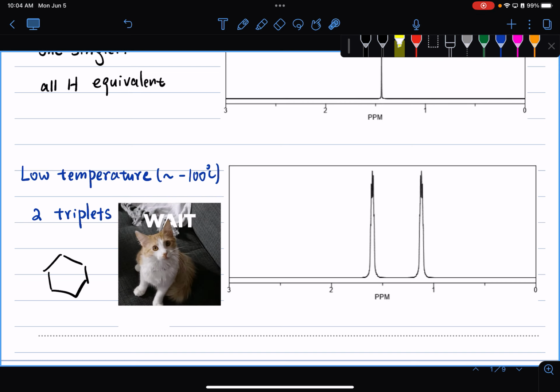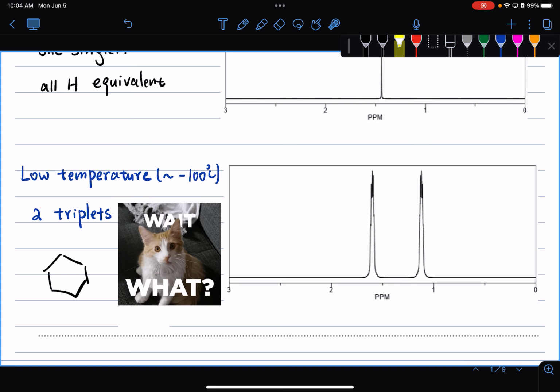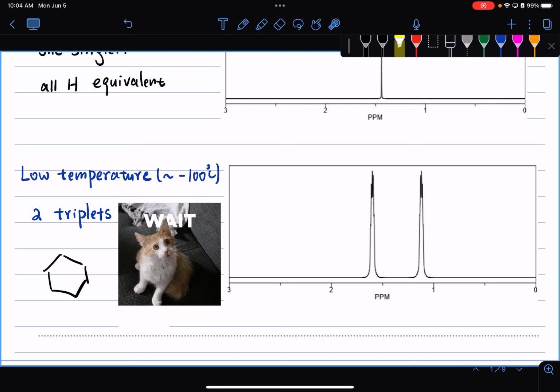Okay, with me so far? I'm going to put this experimental observation here for now, and when we're finished talking about the conformation of cyclohexane, hopefully we can come back and rationalize what exactly is going on at low temperature.